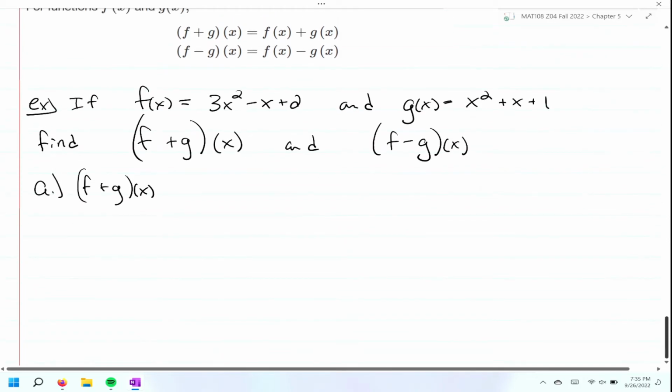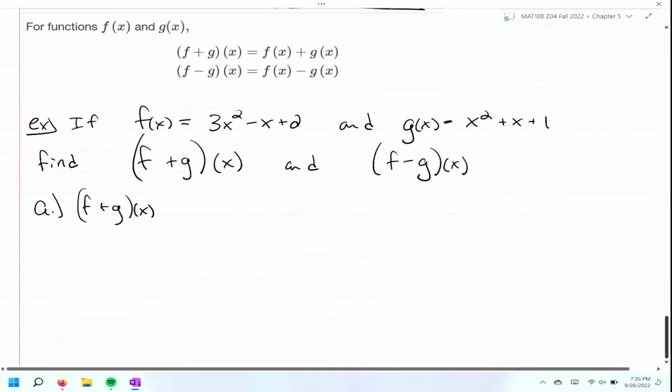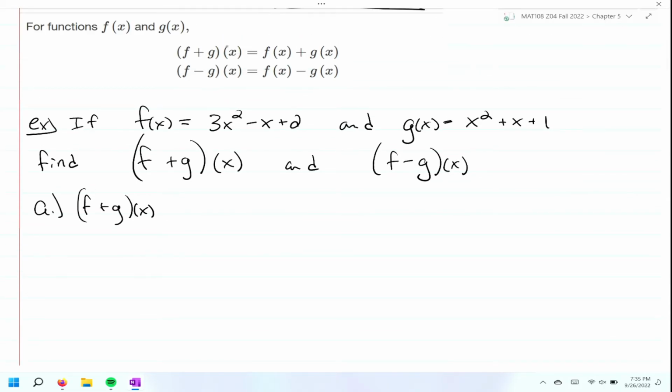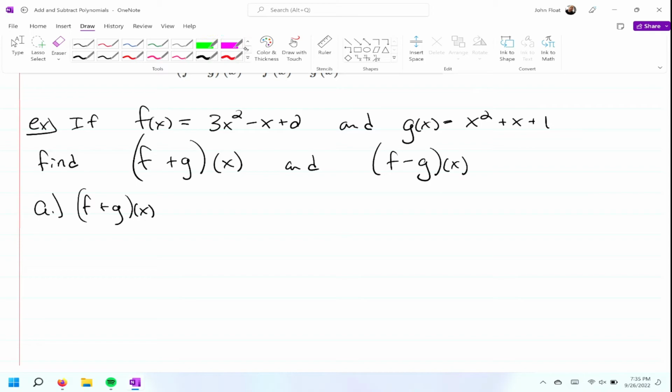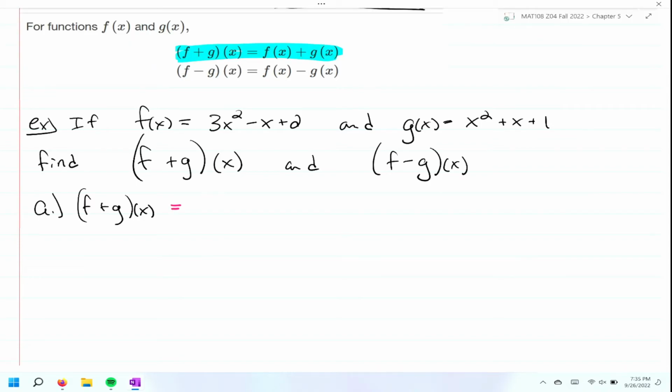Now, by definition, if you look directly above, and I'm going to highlight it for us, f plus g of x is equal to f of x plus g of x. So just like any other time when we substitute, we come directly underneath, we put parentheses first, okay?